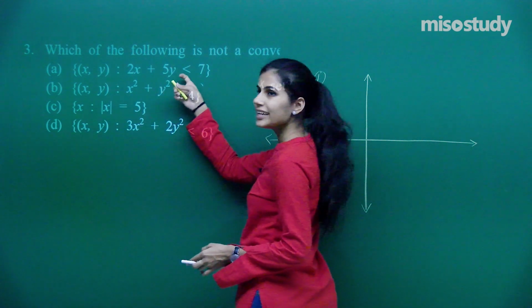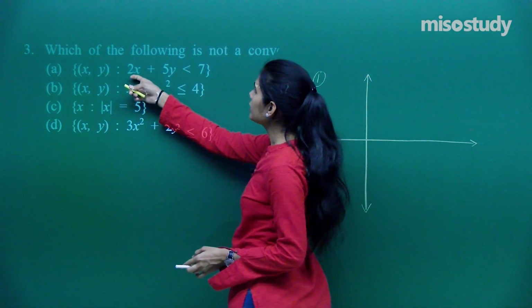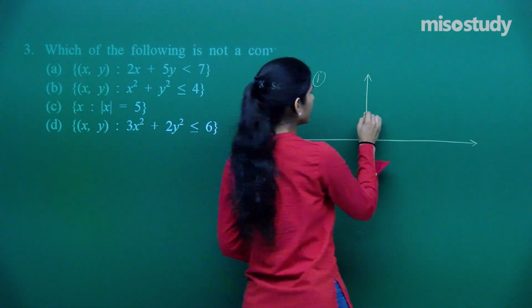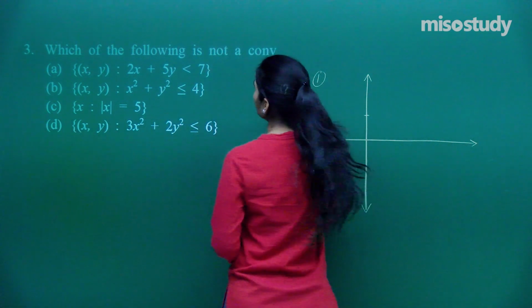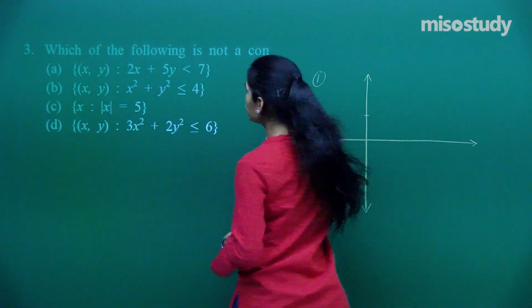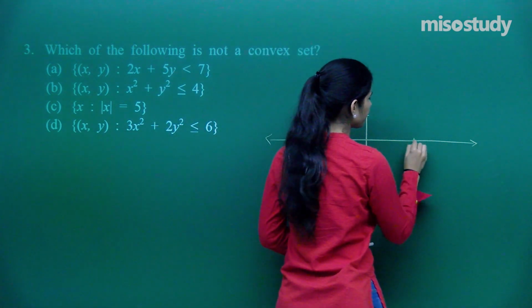Consider 2x plus 5y equal to 7. When you put x equals 0, you get y equals 7 by 5, which is 1 point something. And when you put y equals 0, you get x equals 7 by 2, which is 3 point something.